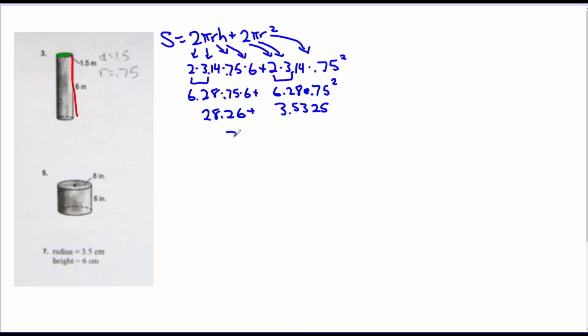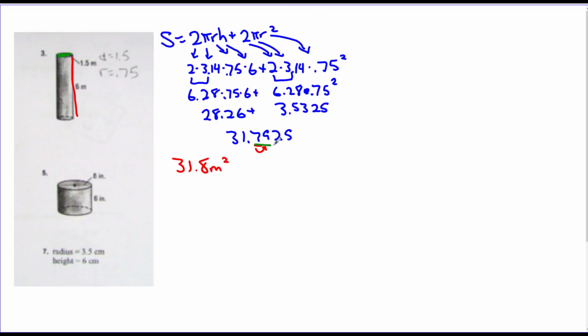Gives us 31.7925. I'm not sure what it told you to round to, so I don't have the paper with me. So if it said nearest tenth, we'd only have one decimal place. So we'd round this one up. So that would be 31.8 meters squared.